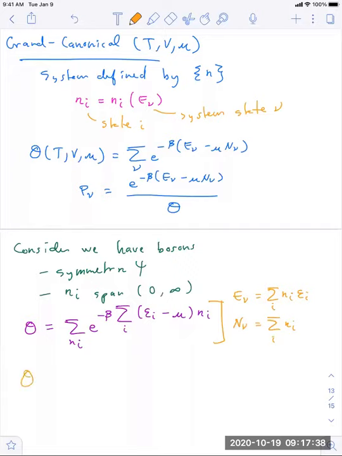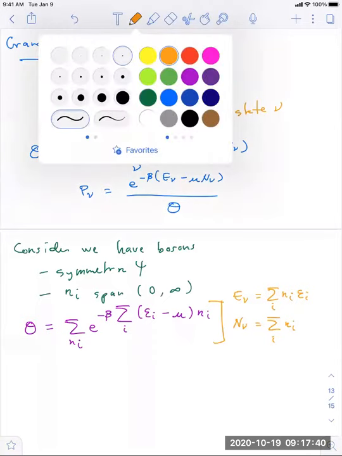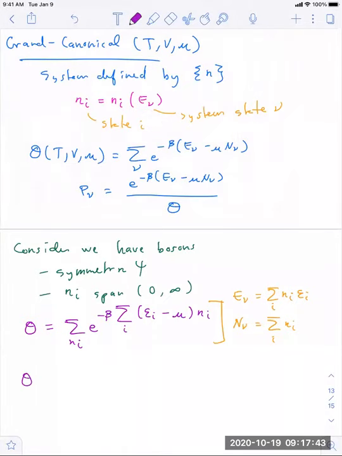Now I can rewrite this in terms of a product, because I'm summing in the exponential, I can always convert that into a product. So I'm taking the product over all states i, from my occupation of state i going from 0 to infinity, times the exponential of minus beta times this single particle picture here.